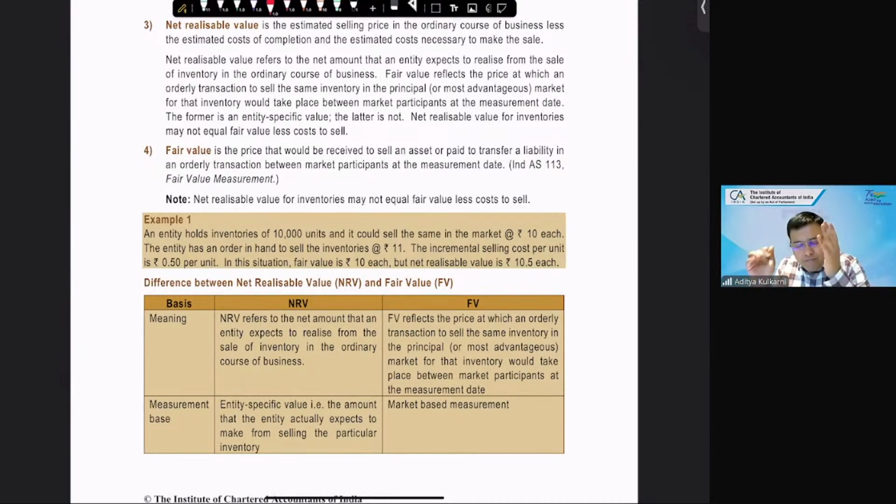The first basic thing we have to understand is that under Ind AS, nothing is free. When you study financial instruments, you will study deep discount bonds and zero coupon bonds. What are zero coupon bonds? They don't give you any interest at the beginning or over the life of the bond, but they give you a very high redemption value. Why?